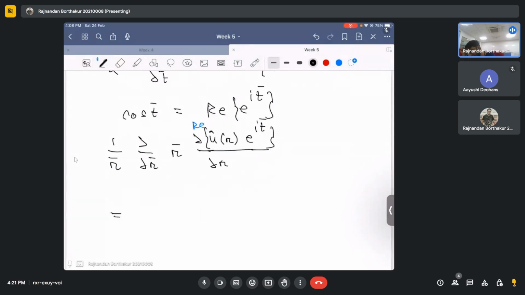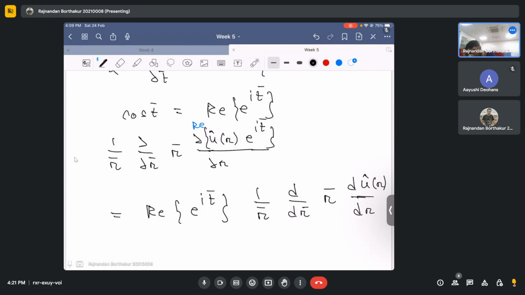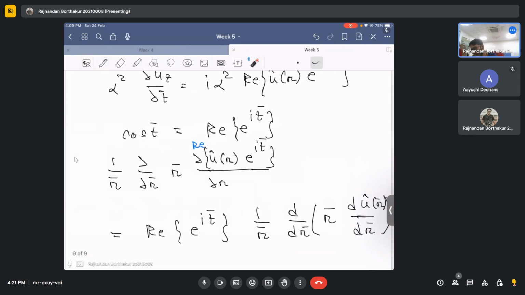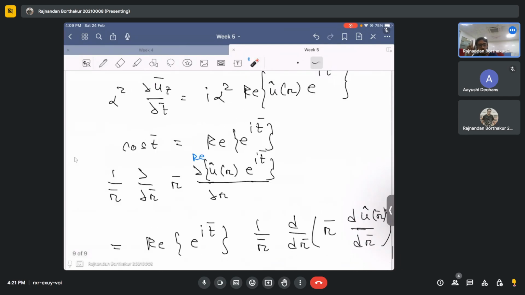This becomes real part of e power I t bar into 1 by r bar d dr bar of r bar du hat of r bar by dr bar. The reason this changed from del to d is because we have separated the variables, and hence the del operator will just be a d operator, because u hat is just a function of r.